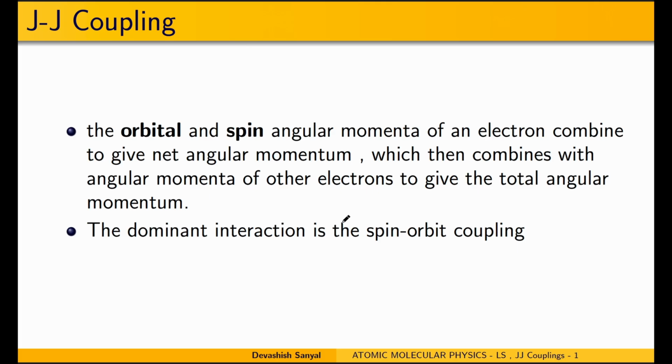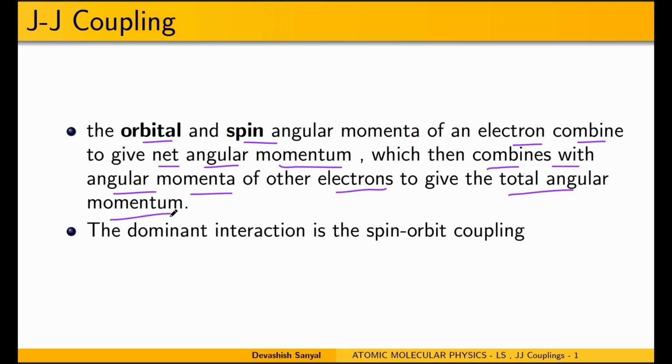So we now come to JJ coupling. In JJ coupling, the orbital and the spin angular momentum of an electron combine to give a net angular momentum. This net angular momentum of the electron then combines with the angular momenta of other electrons to give the total angular momentum.